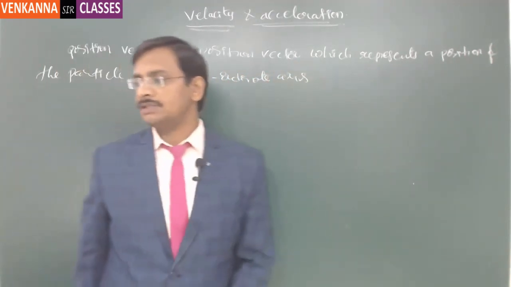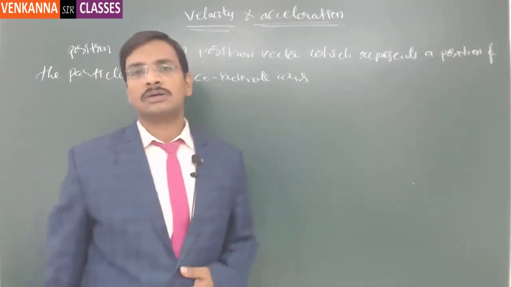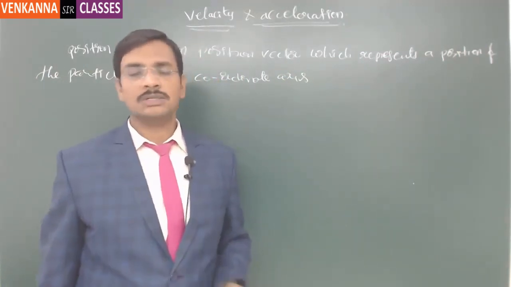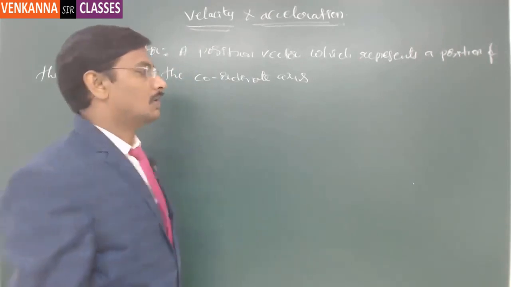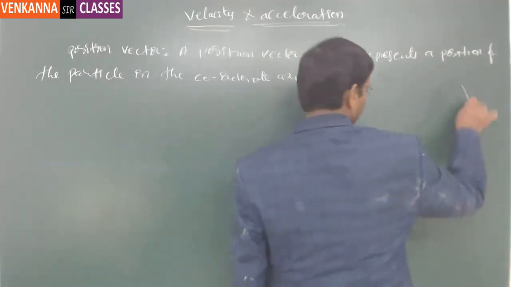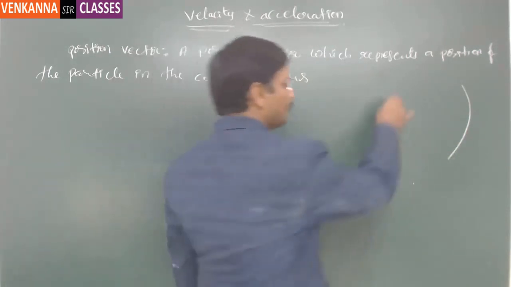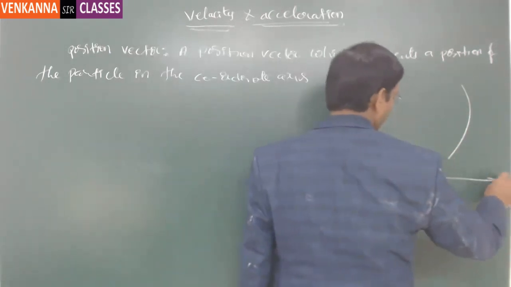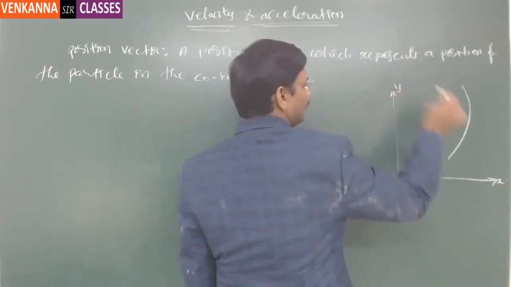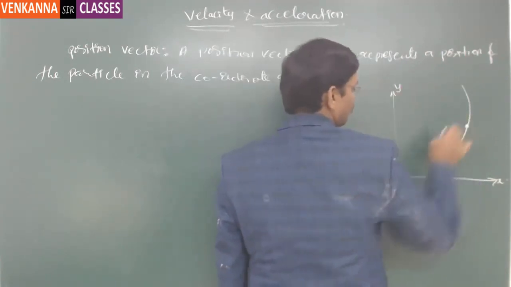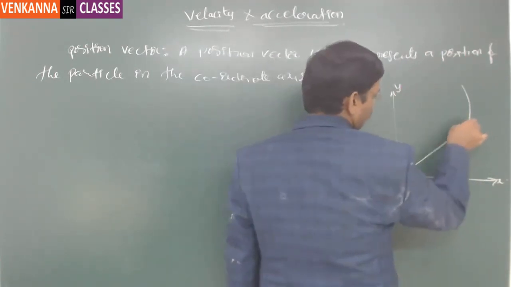So it represents the position of a particle in the Cartesian coordinate system or the polar coordinate system or whatever may be the coordinate system you can think of. Now let us say a particle is moving in this particular path. Suppose this is the standard coordinate axis x comma y, then this position vector is represented by a vector called r of t.